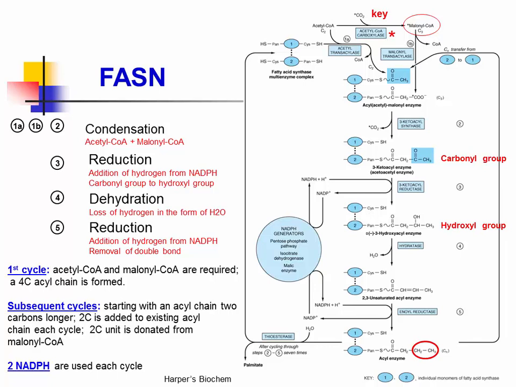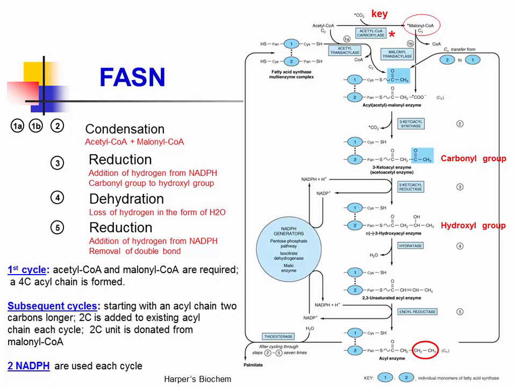So this is the first reaction, right? And then the second step is that you remove the carboxyl group from the Pan end, which initially came from malonyl-CoA, right, by this enzyme called 3-ketoacyl synthase, right?